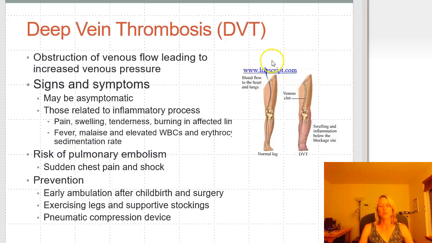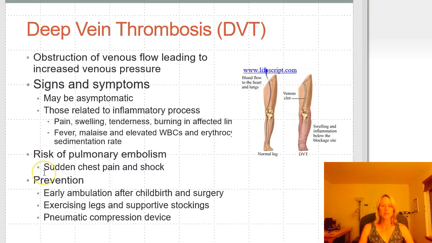If that thrombus cuts loose, remember it will travel back through larger and larger veins till it gets to the heart, and then the heart will pump that thromboembolus to the lungs, where it can block pulmonary arteries.